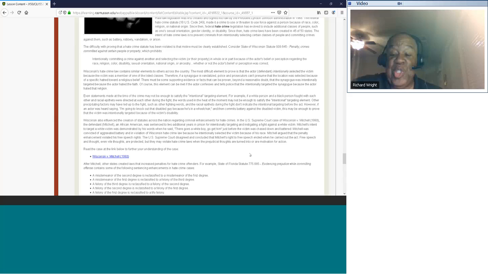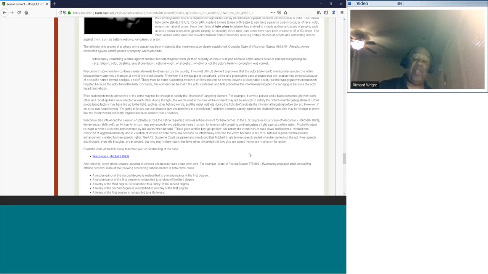Just before the victim was chased down and battered, Mitchell was convicted of aggravated battery in violation of the Wisconsin hate crime law because he intentionally selected the victim because of their race. But he argued that the penalty enhancement violated his free speech rights. The Supreme Court said no, and said that Mitchell's right to free speech ended when he carried out the act.